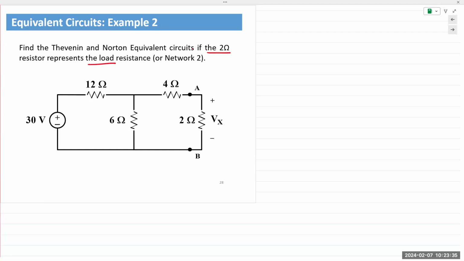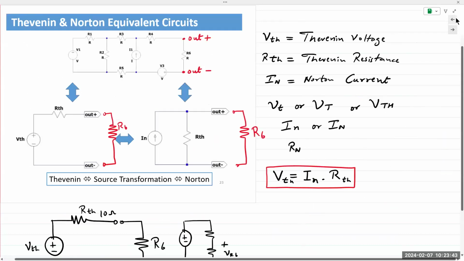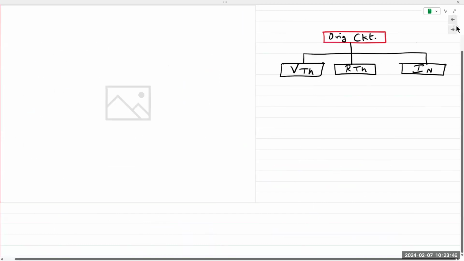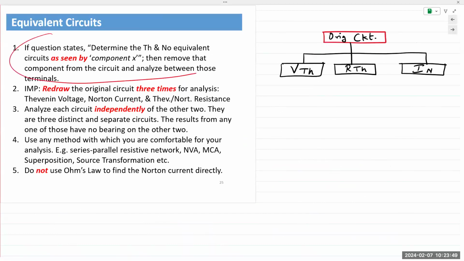Okay. And I will take you back to the first point in the summary slides. Oh, we went too far back. The first point in the summary slides: determine the Thevenin and Norton equivalent circuits as seen by a particular component, or as seen by would be the same as a component is the load component.